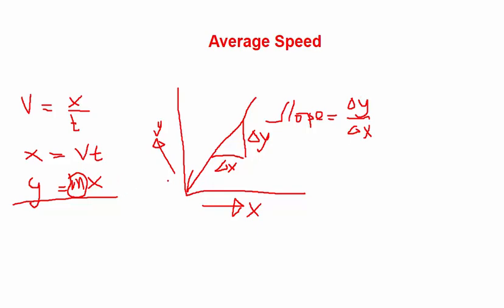So, if you draw a graph of y on the vertical axis and x on the horizontal axis, it will be a straight line passing through the origin, and its slope will be equal to m. Now, I have asked you in the worksheet, what is the shape of the graph? Many of you misunderstand the meaning of the word shape. I simply mean this. The graph will be a straight line.